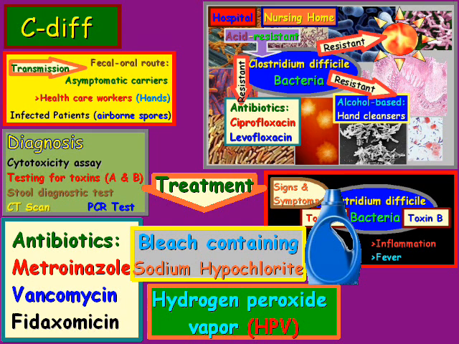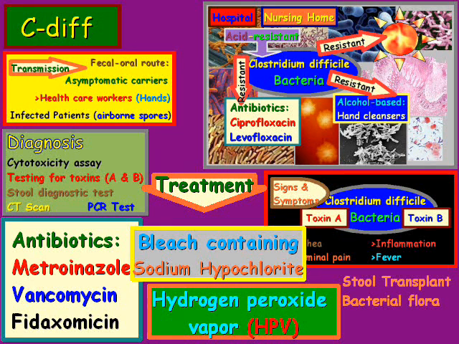And another option to try to treat it would be a stool transplant, more specifically an injection of bacterial flora. What they're trying to do is reverse the imbalance in the intestines, because there's a bacteria imbalance.